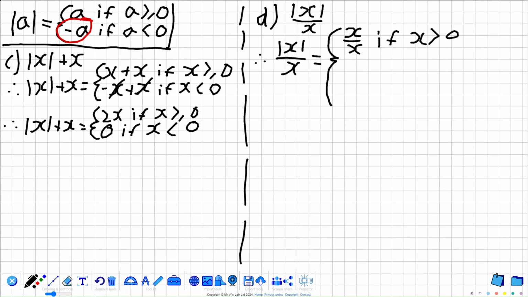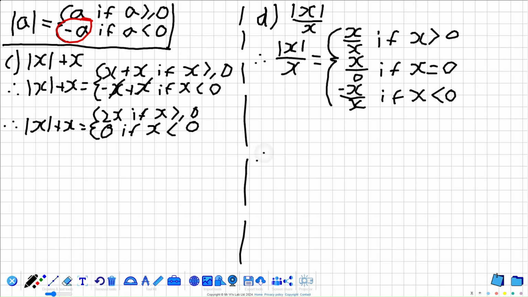I'm not doing more than or equal to, because if x were equal to 0, then we're going to get something different. So I'm going to have x over 0 here, and that's if x equals 0. And then a third one, which is negative x because of the mod, over x if x is less than 0.